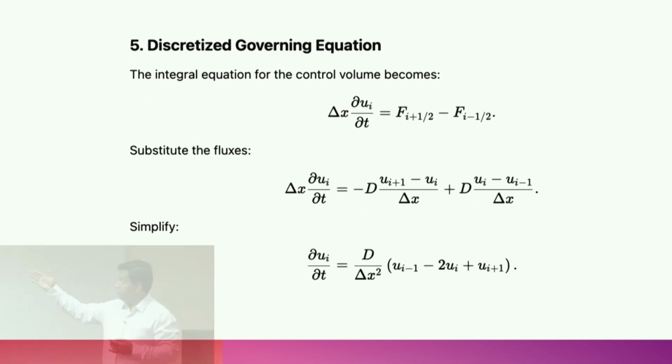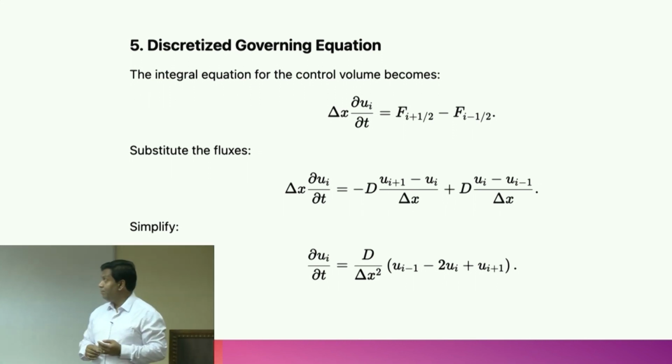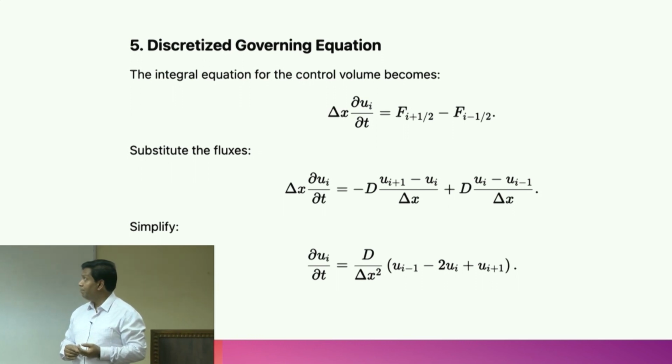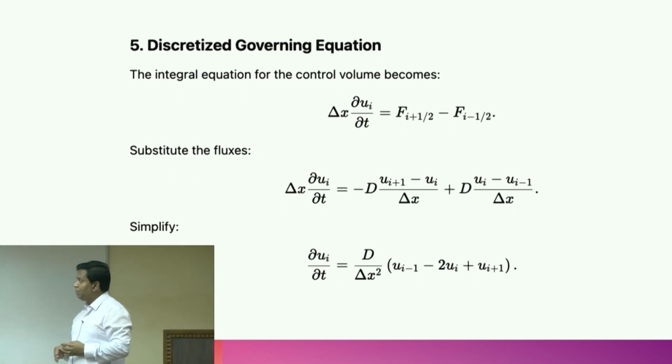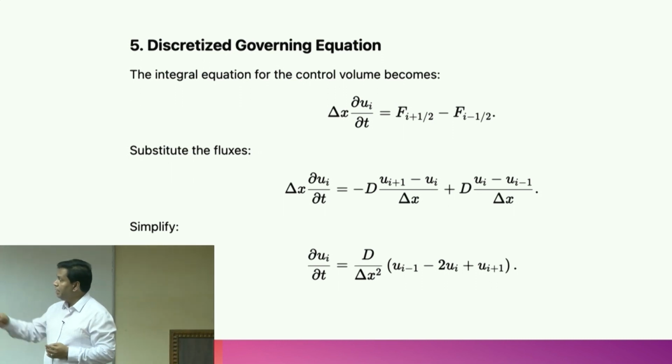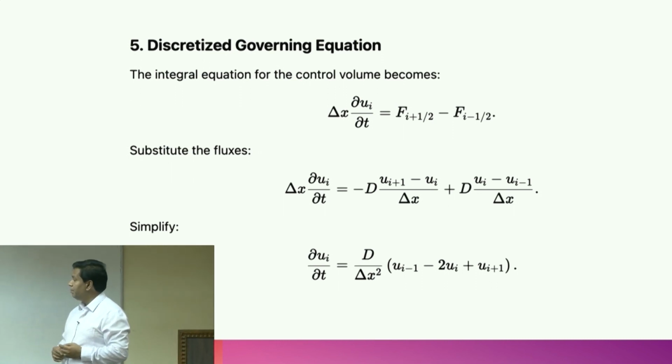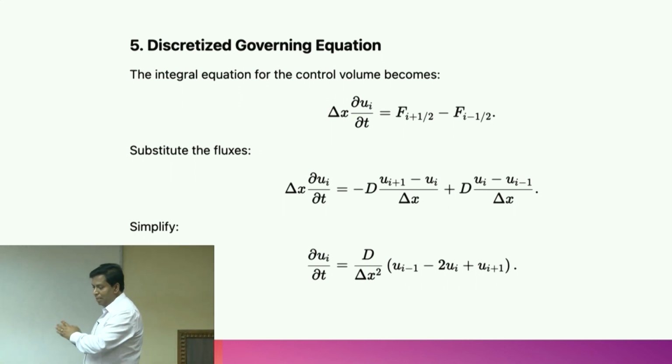If we substitute the F_{i+1/2} and F_{i-1/2} we derived and simplify, taking D divided by Δx, we get u_{i-1} minus 2u_i plus u_{i+1}. This is the right side.